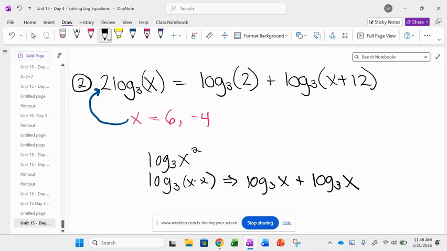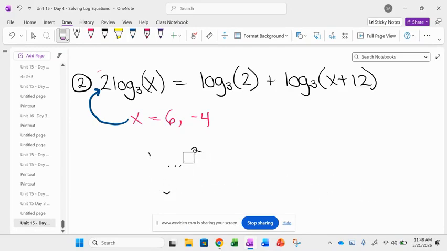So no matter what, that argument can never be negative. And keep in mind that 2's in the front. So we never want that argument to be negative, even if it's getting squared. So with that said, can we keep that -4? No. Does anybody need to see how we got the 6?